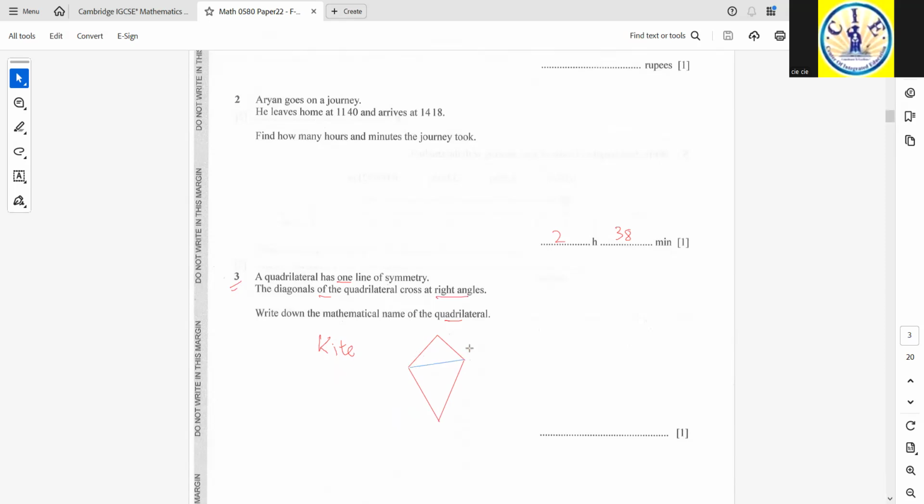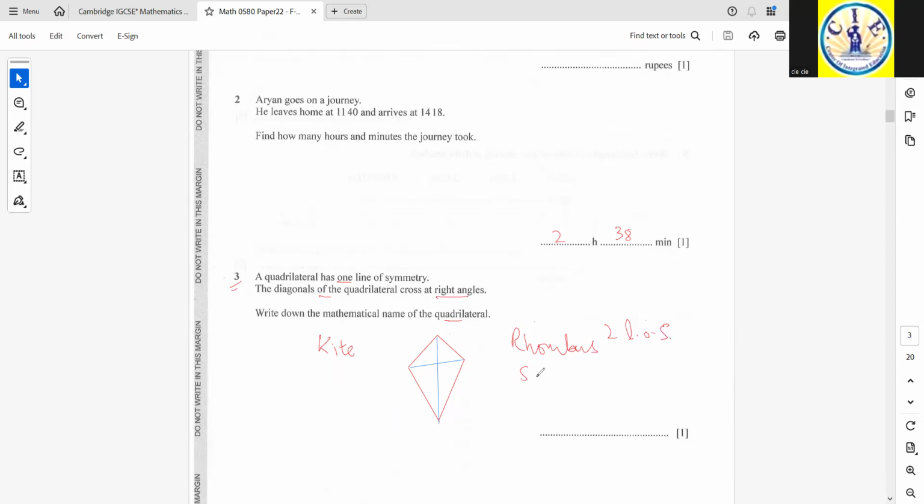The diagonals cross at right angles, though I couldn't draw it properly, but this is a visual explanation that I want to give. In a rhombus, also the diagonals cross each other at right angles, but it has got 2 lines of symmetry.